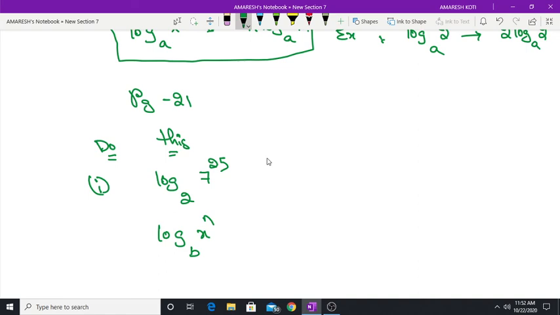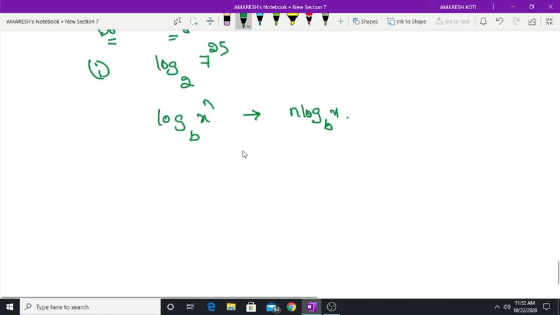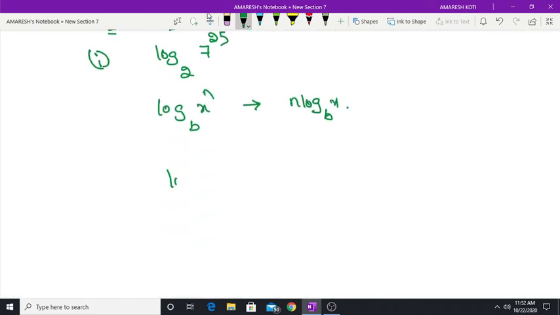So it can be written as n log x to the base b. So log 7 power 25 to the base 2 equals 25 log 7 base 2.